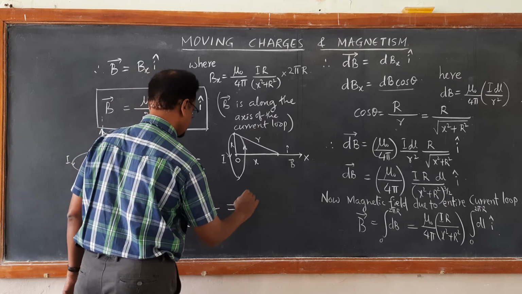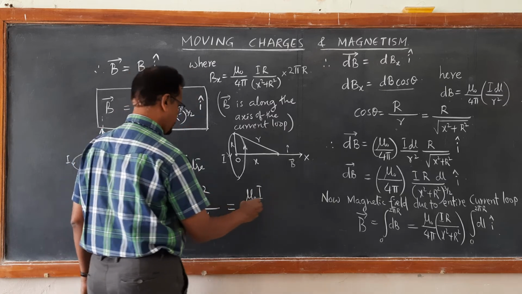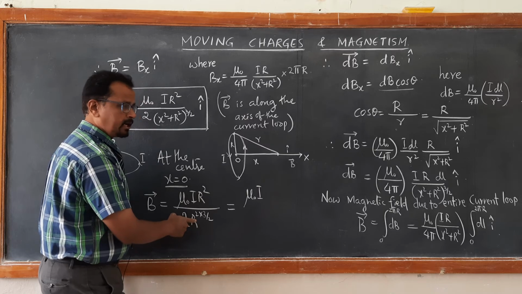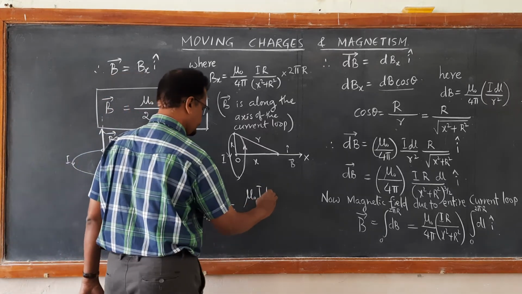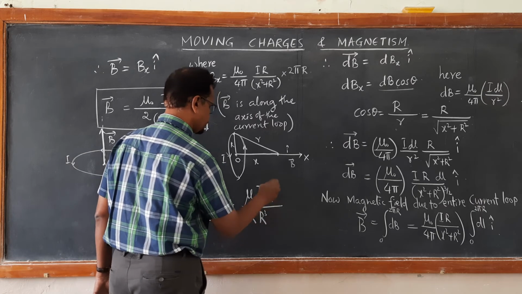Therefore, this becomes mu naught I r square. You can see r square divided by r cube, I will write one more step, r square divided by 2r cube. So, you can cancel r square.